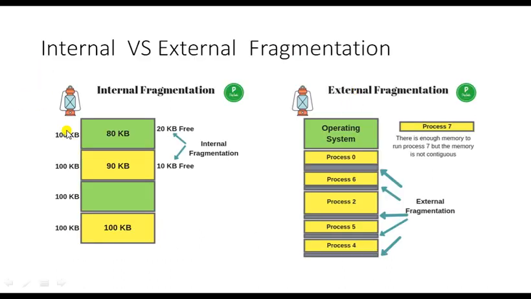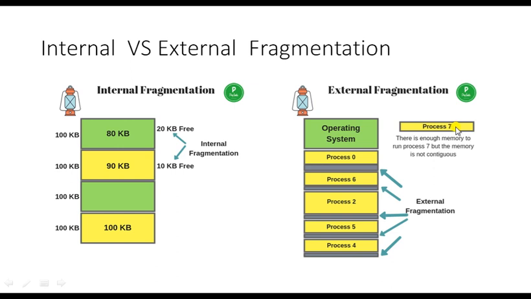See, this is the external fragmentation. External fragmentation means the operating system allocates memory for the processes 0, 6, 2, 5 and 4. So here the yellow color is occupied by the process and this grey color is empty space. Now the task before the operating system is to allocate memory for process 7.